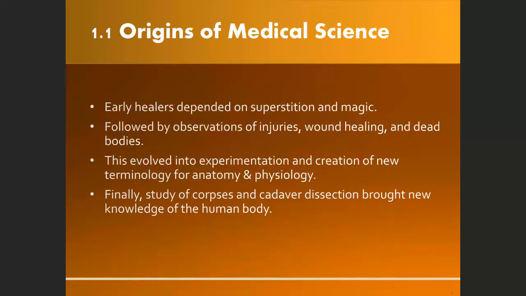So anatomy and physiology, especially human anatomy and physiology, started being used by early healers. Sometimes they depended on superstitions and magic, but they also learned a little bit about human body structure and function. And then it was followed by observations of injuries, wound healing, and the structure of dead bodies, and this also evolved into experimentation.